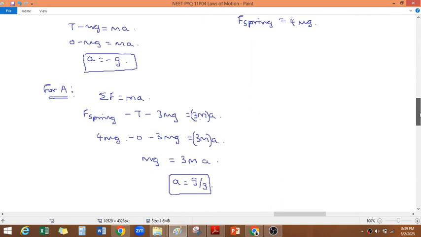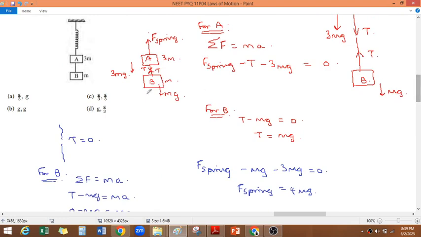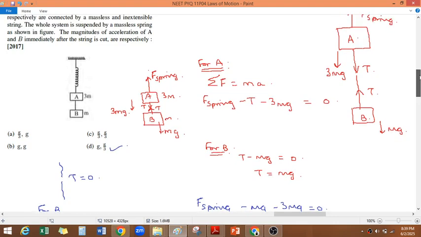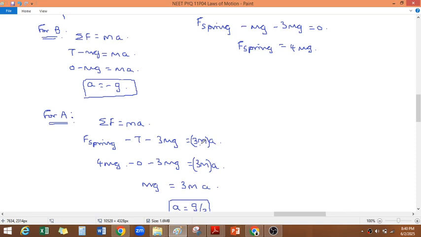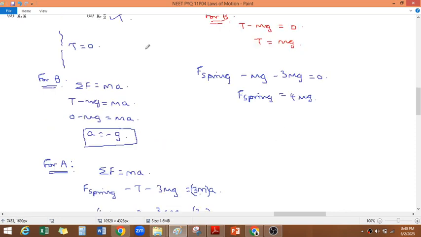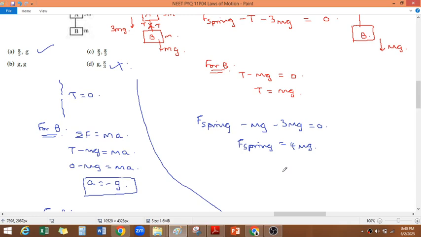So your answer is, sorry, it's A and B, so g by 3 comma g. A is g by 3, and actually they should have given it as minus g for B because this is going upwards and this is going downwards. Any doubts? So this is after cutting.